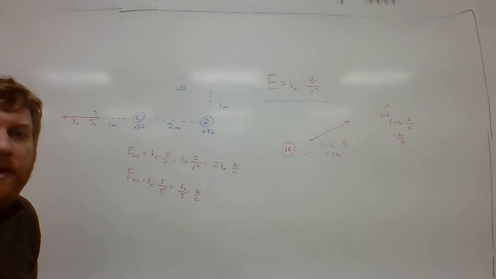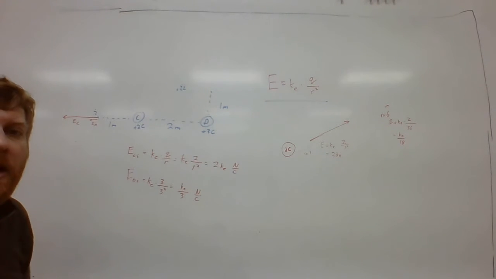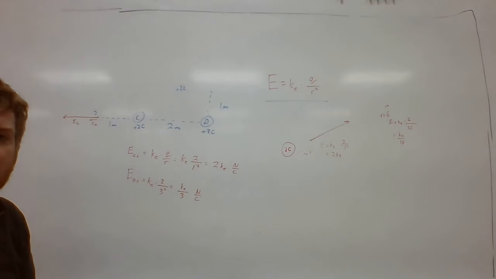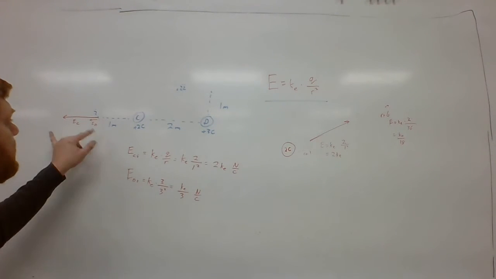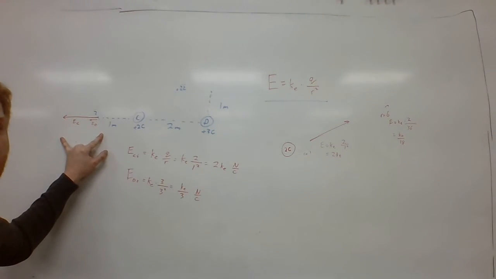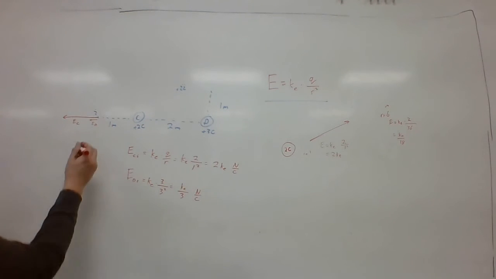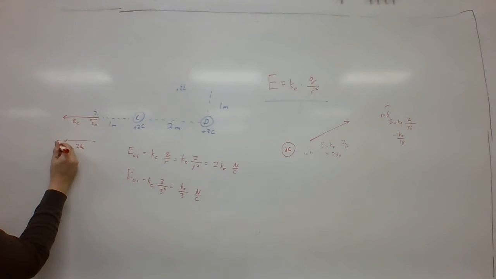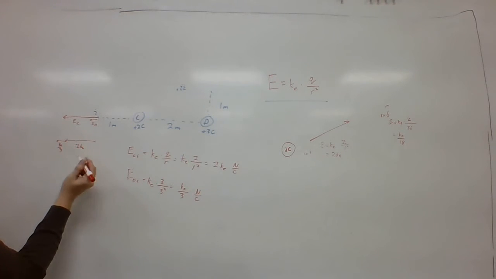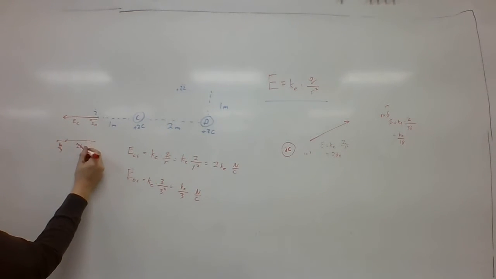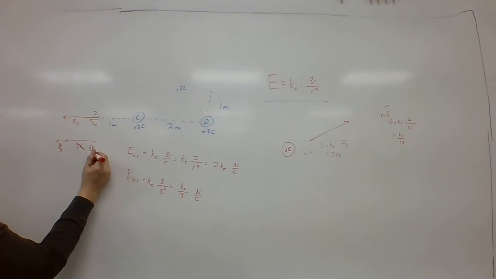Now I want to find out what is the total electric field. And to do this, I need to do vector addition. Vector addition is very simple in this case because both of these vectors are pointing in the same direction. And so I want to add together E sub C, which is 2K sub E, plus E sub D, which is K sub E over 3. If I come up with a common denominator, I could call this 6K sub E over 3.